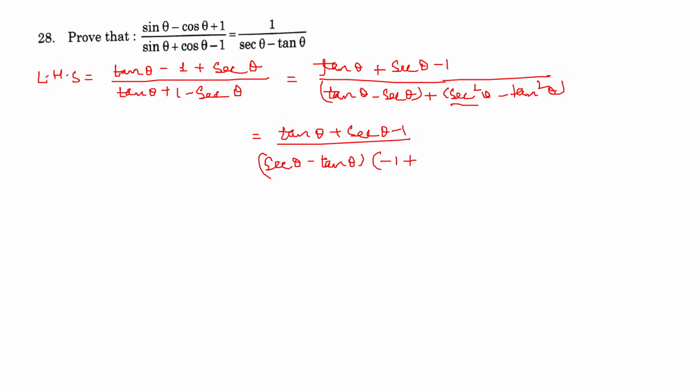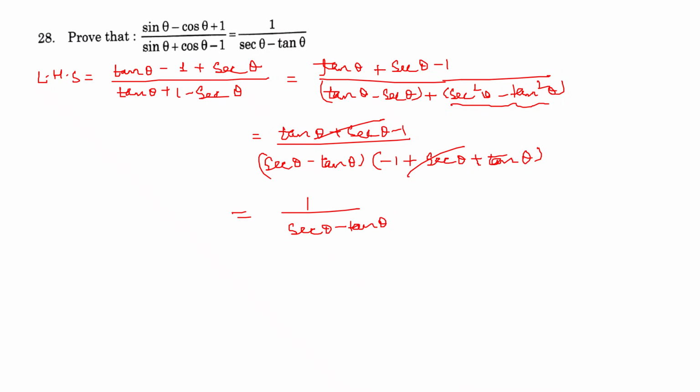Plus in the second part, sec theta minus tan theta I already took common, you will be left with sec theta plus tan theta. So this and this will get cancelled out. So your answer is going to be 1 by sec theta minus tan theta. This is your answer.